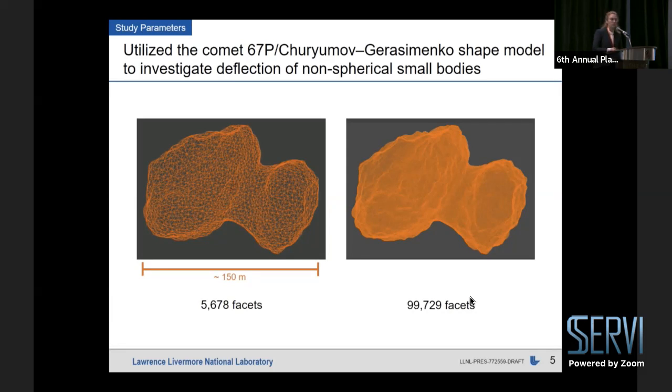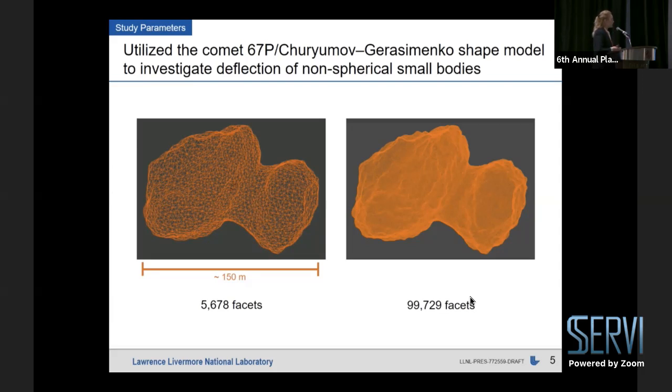We took this shape model and we scaled it down from its original comet size of a whopping 4 kilometers down to around 150 meters in length and around 17 meters, let's say, in diameter. And we were provided with 2 different object files from Josh and Brent. One had around 5,500 facets and the other roughly around 100,000 facets.